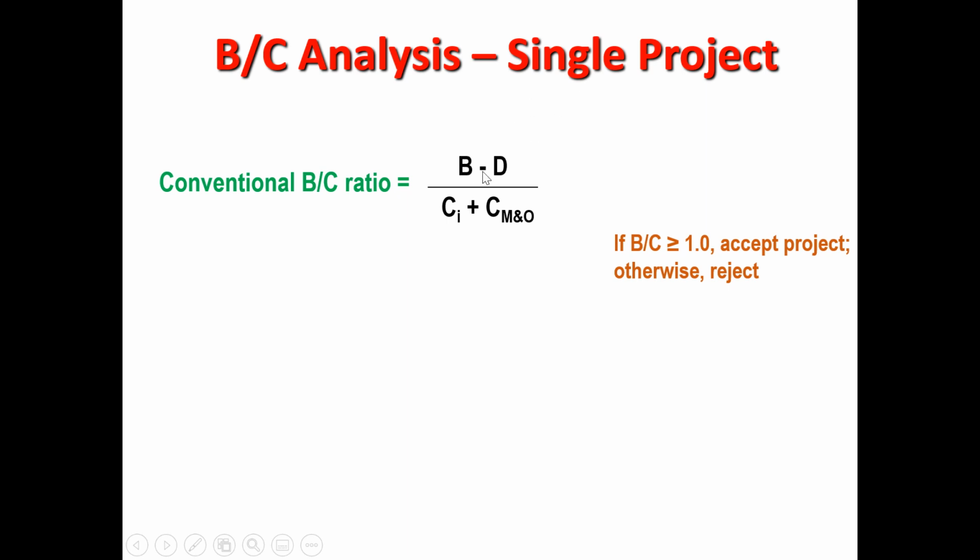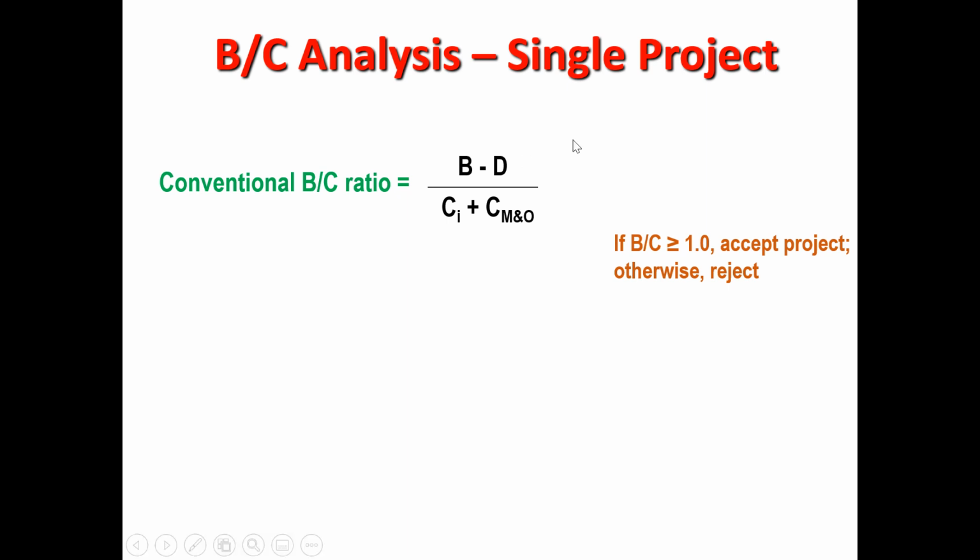and let's look at what happens here. You've got the benefits of doing a project minus the disbenefits. So those are the undesirable consequences, the disbenefits. So in the numerator here, you've somehow quantified the good effect of a project when you subtract out the bad effect of a project.